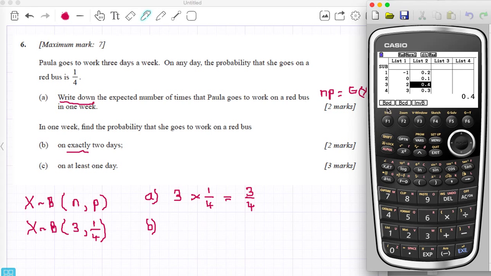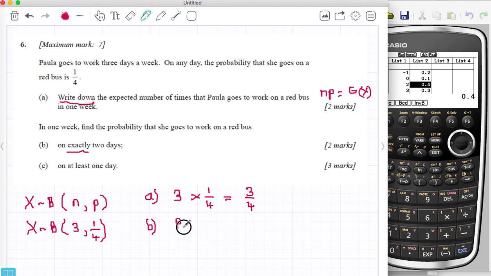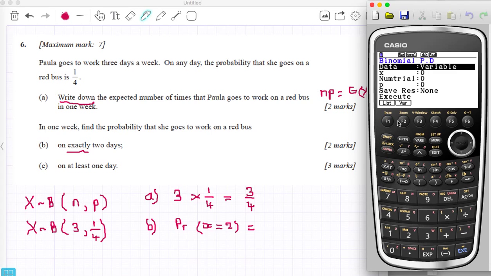I now have to work out which of these I need to use. Well, the P is the one that I use if I'm looking for one value, exactly 2 days, just 2 days. So let's go back here. The probability that X is equal to 2, only 2 days. So I'm looking for this. It brings me up a screen here.